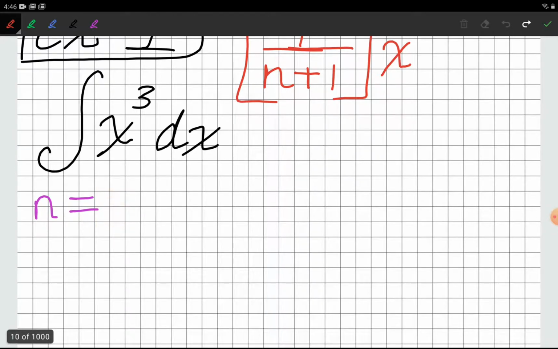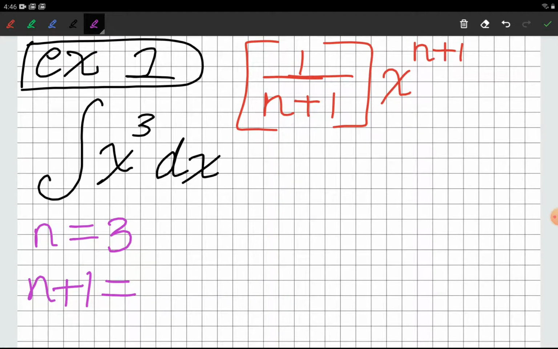So very naturally, n plus 1, which is what we're going to be using in this formula heavily, is 4. Okay? This n plus 1, this is now what I care about. This is what I'm going to be using to find my answer.